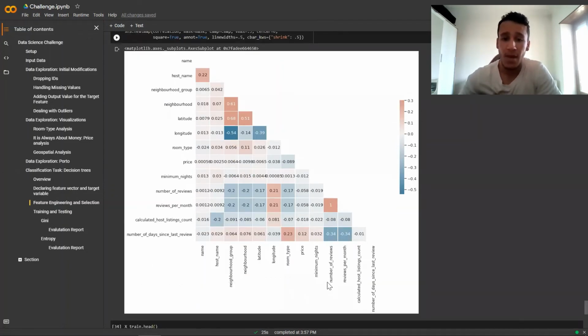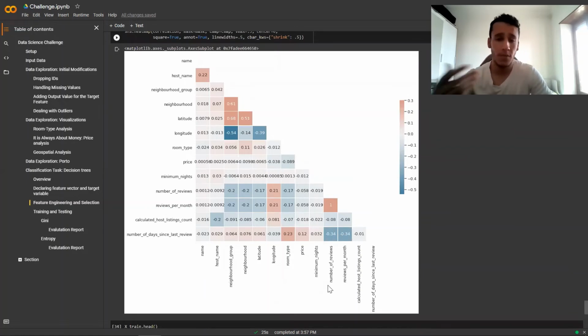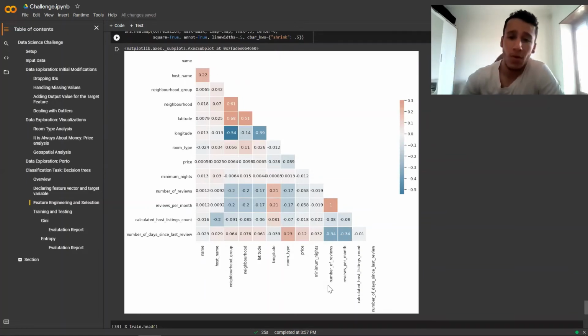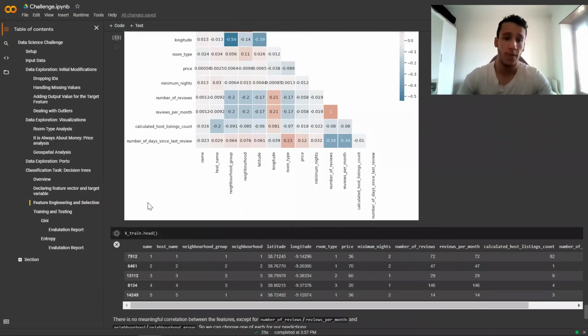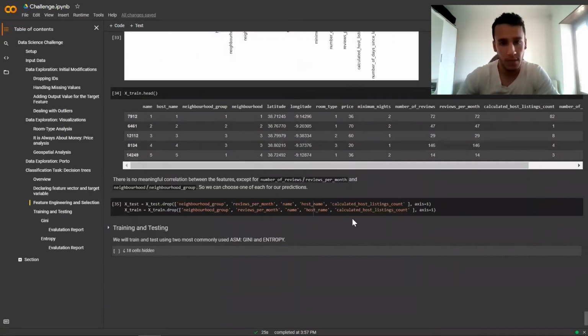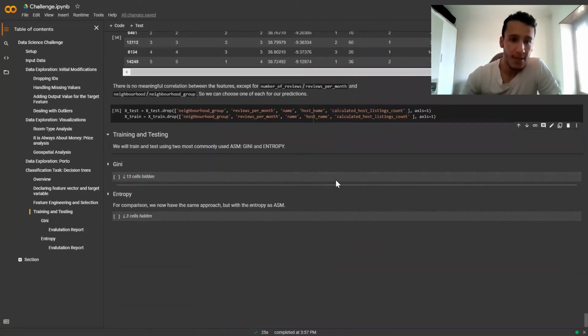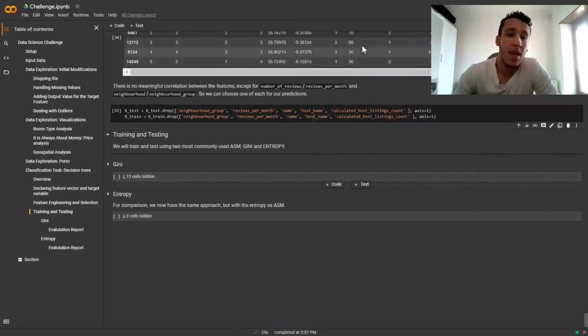Reviews per month and number of reviews clearly have a correlation because it's just the number of reviews per number of months. We also have a high correlation between neighborhood and neighborhood group, so we can get one from the other and don't really need both. So we are going to remove some variables that do not add value. Passing on to the training and the testing, we are going to take a look at Gini and entropy.